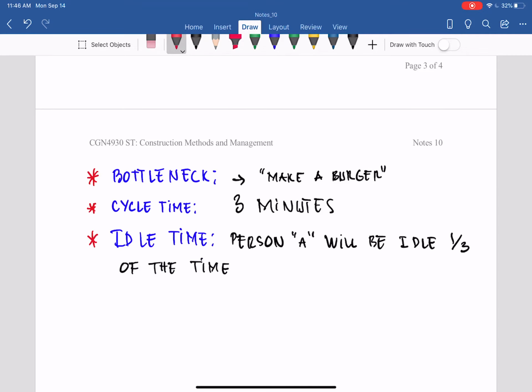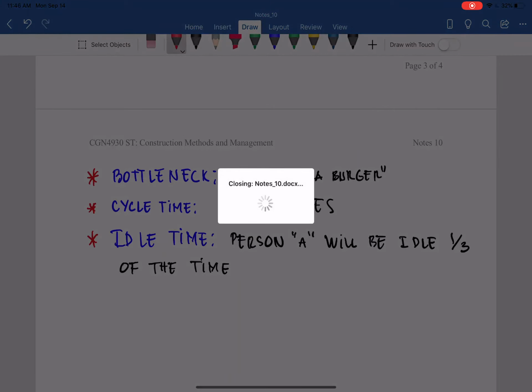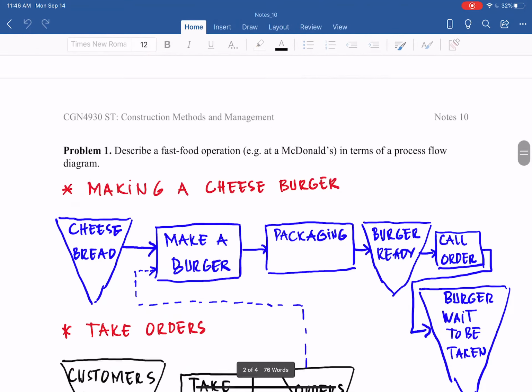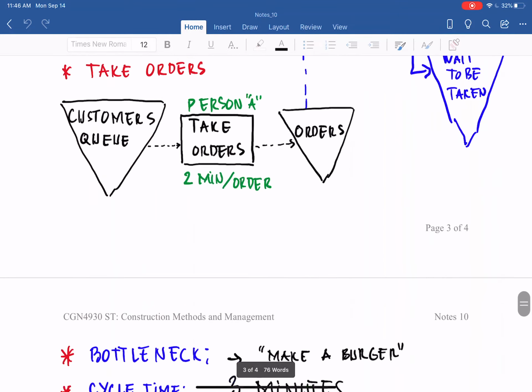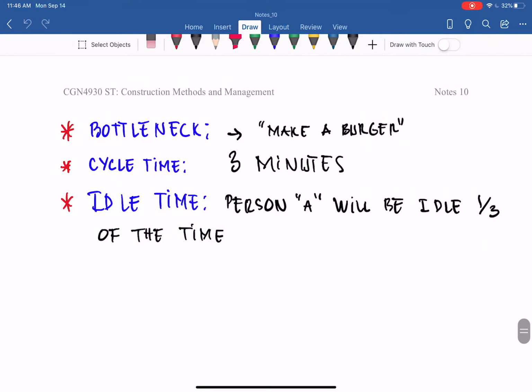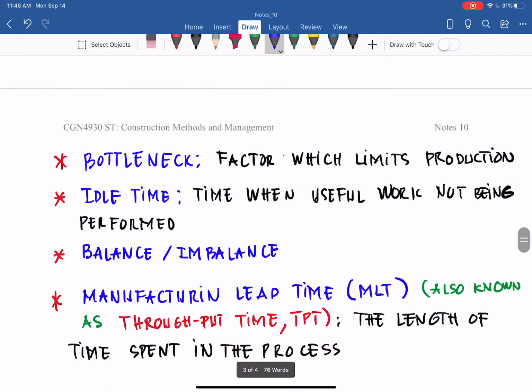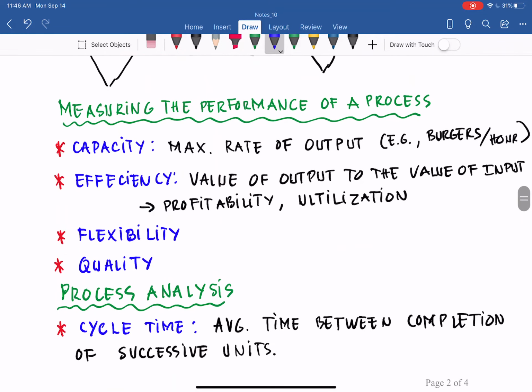The next for the analysis here is the capacity and the manufacturing lead time. Those are the last two we want to analyze. So what is the capacity? By definition, capacity is the maximum rate of output, burgers per hour for example.